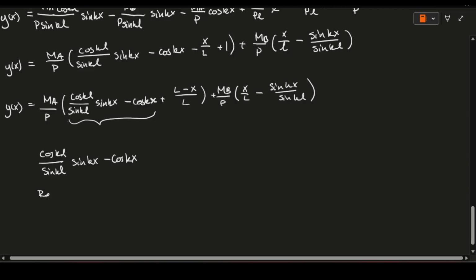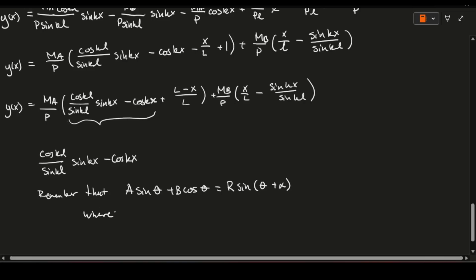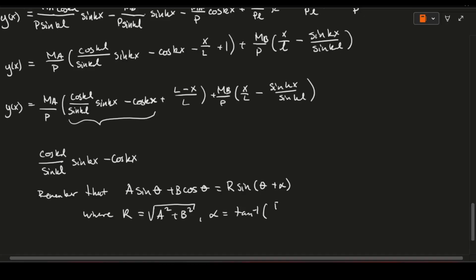So we need to remember that A sine of some angle theta plus B cosine of the same angle theta is equal to r sine of theta plus some alpha, where r is equal to the square root of a squared plus b squared, and alpha is equal to the tangent inverse of b over a.